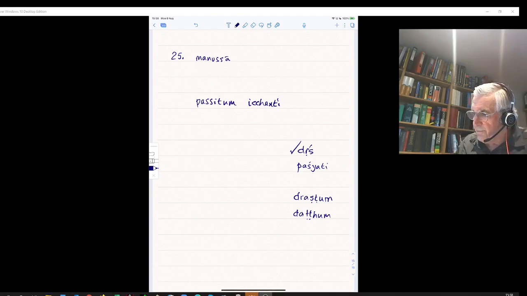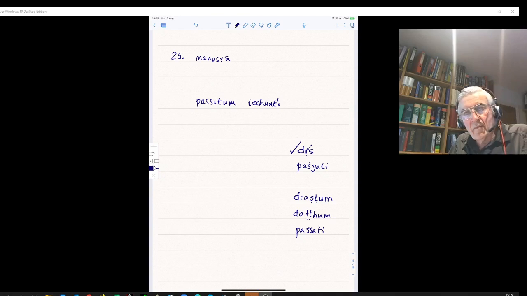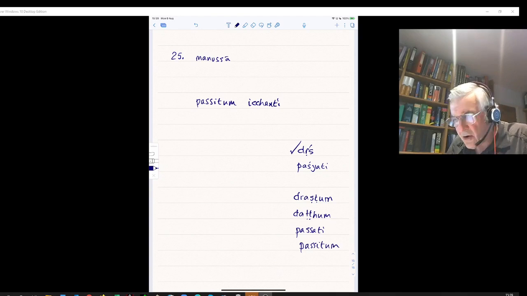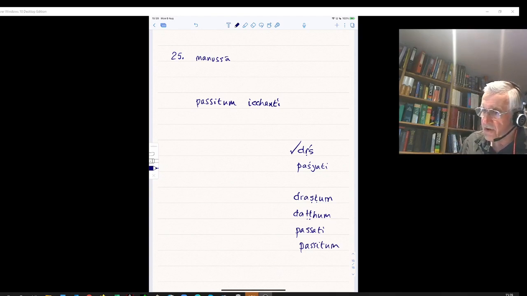But so pashyati in Pali, passati, you can make your infinitive out of the present stem, which you can't do in Sanskrit. In Pali, you can say to see either datthum or passitum. Both are correct. But this passitum or pashitum form would be just bad Sanskrit. It would be understood, but it's bad grammar. Passitum correct. So passitum icchanti.